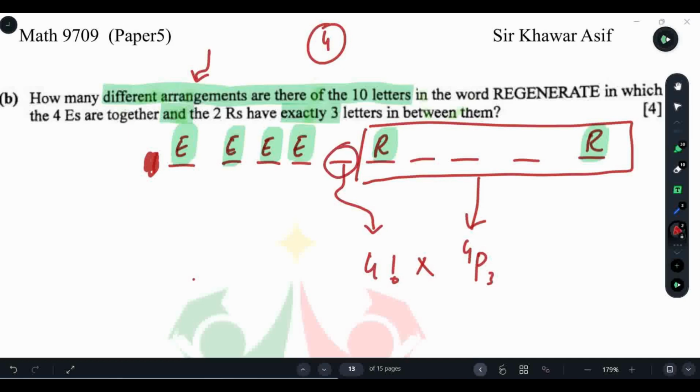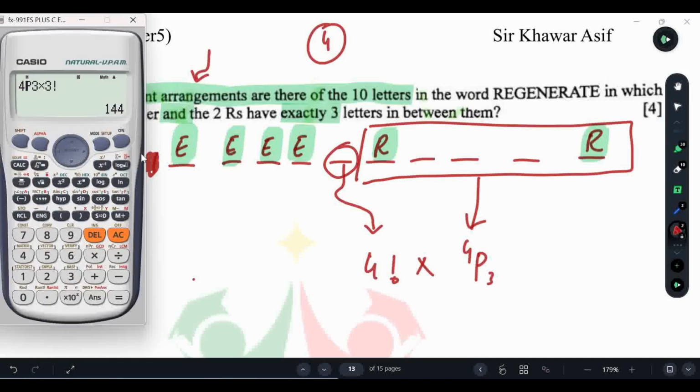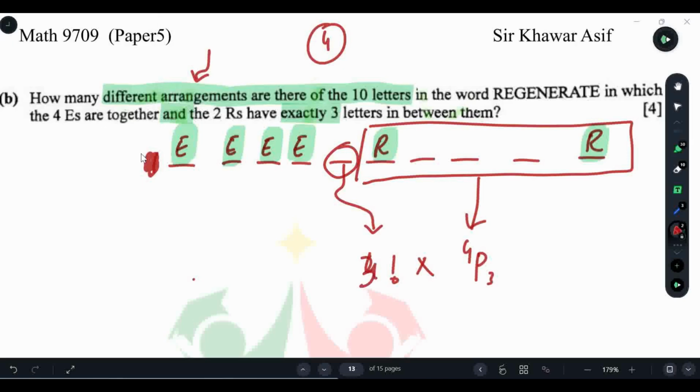So 4 factorial multiplied by, for this one there must be 3 factorial, because some of the letters are selected here. So 3 factorial multiplied by 4P3 will be equal to 144. So this will be the final answer.